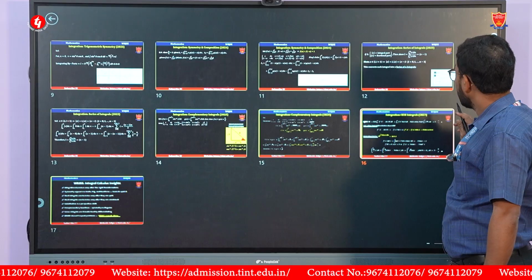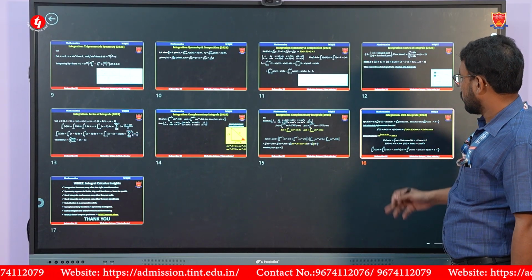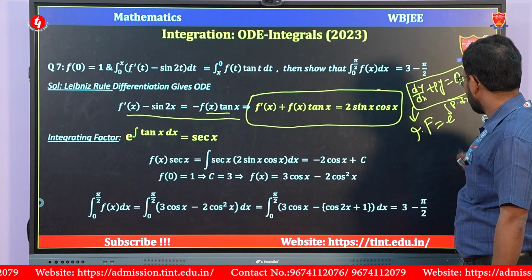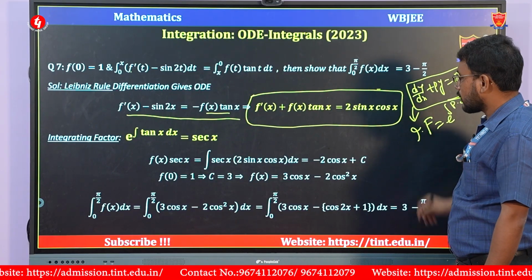Got it? So, this is the integrating factor.